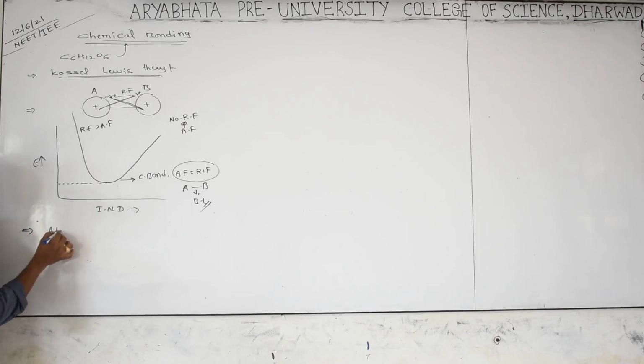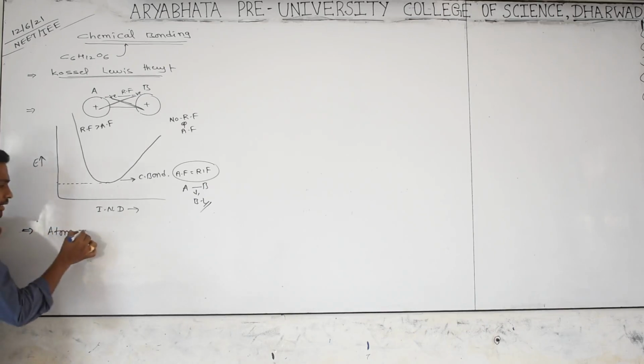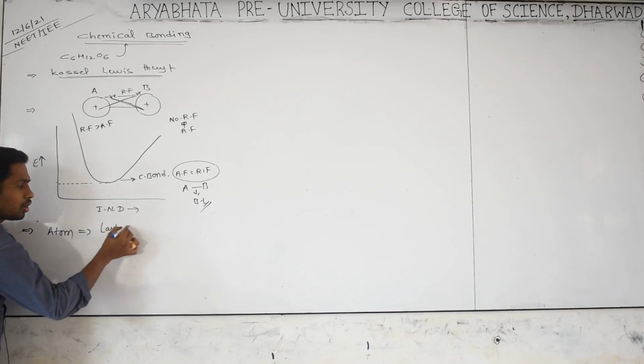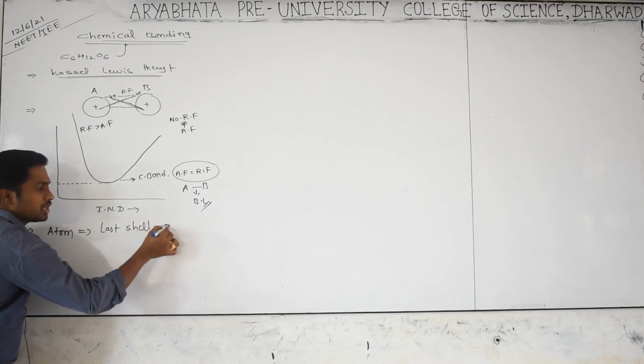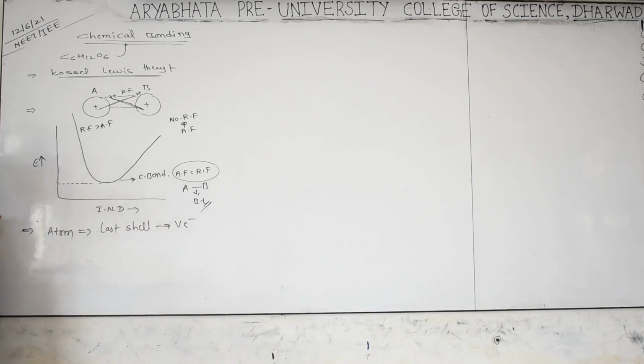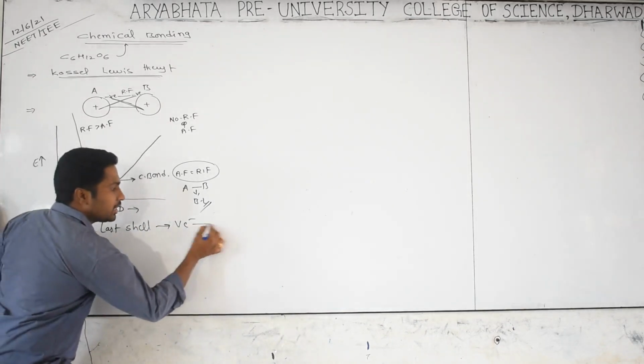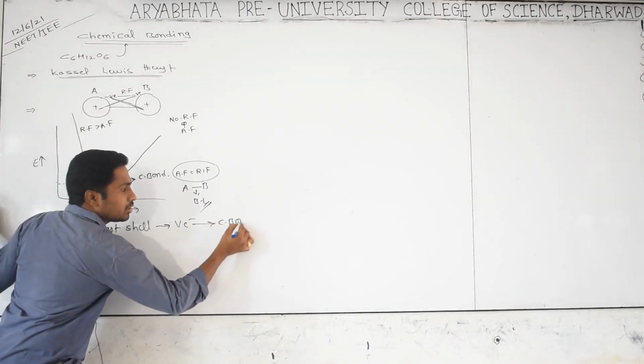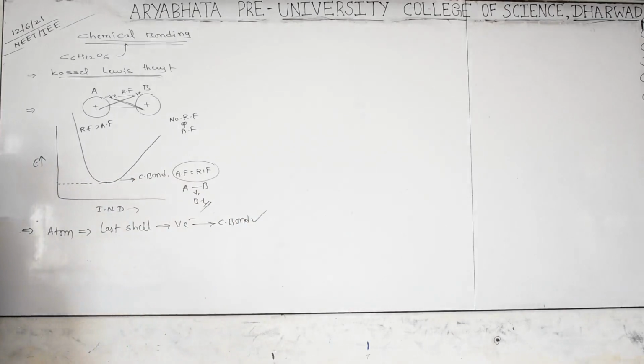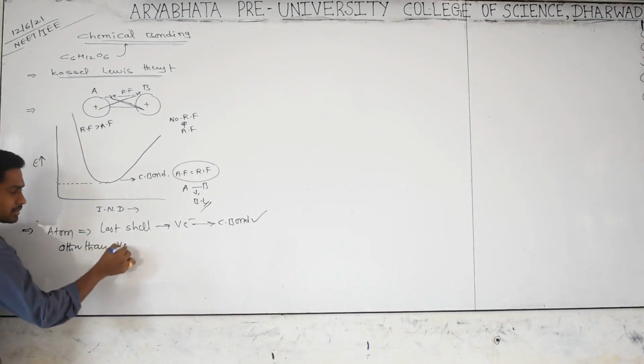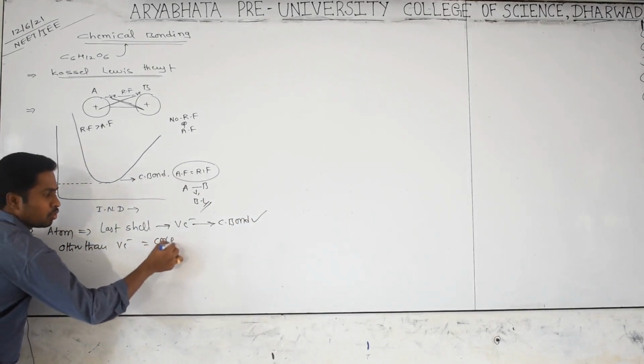Now we are going to some other things. Generally, if you take any atom, in that atom we have a last shell. The electrons in the last shell are called valence electrons. Generally, those valence electrons only are involved in chemical bonding. I will explain to you. Other than valence electrons, the rest are called core electrons.